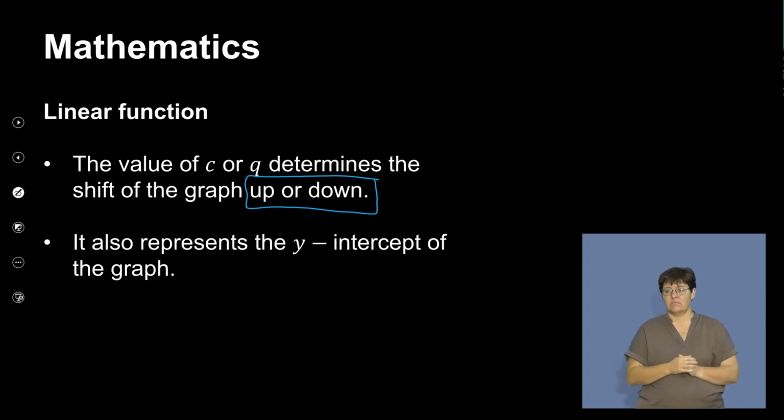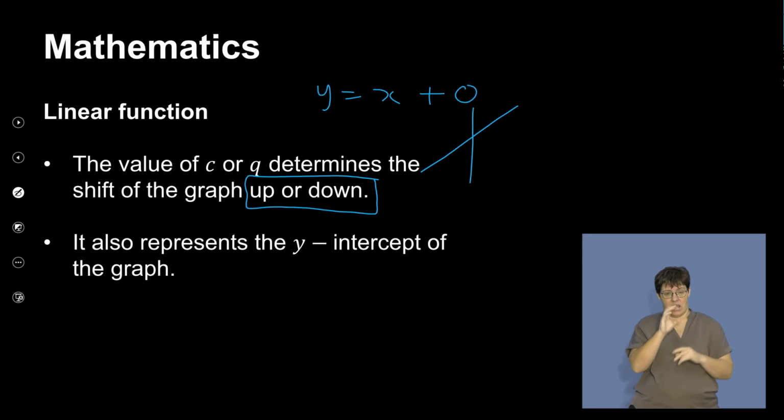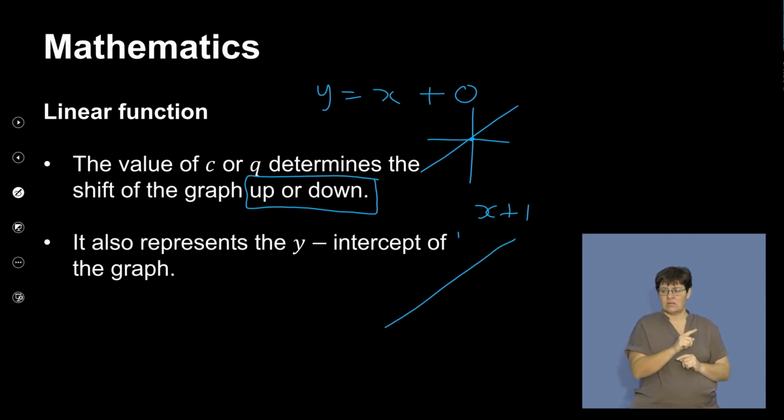So if I had y equals x, it means my c is 0, because anything plus 0 will always be that anything. So it means the graph is crossing through the origin point. But as soon as I make it x plus 1, it means now it is crossing at point 1 on the y-axis. That's what it simply means.